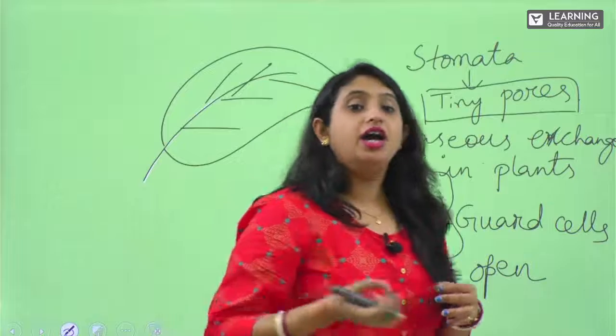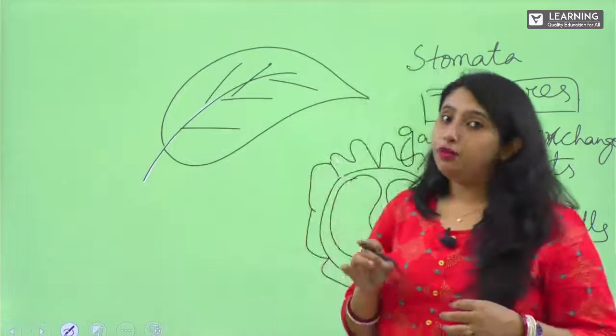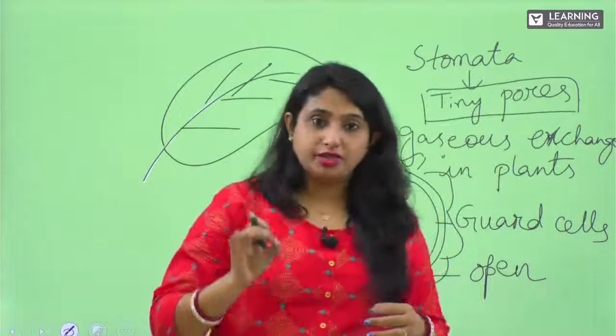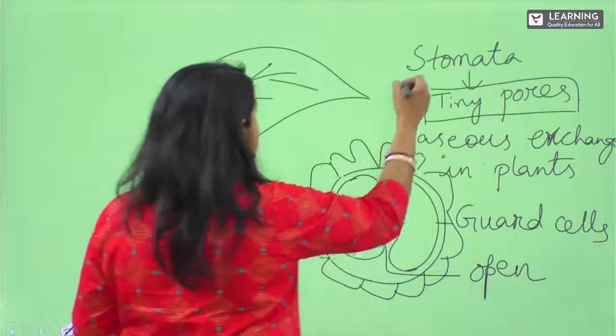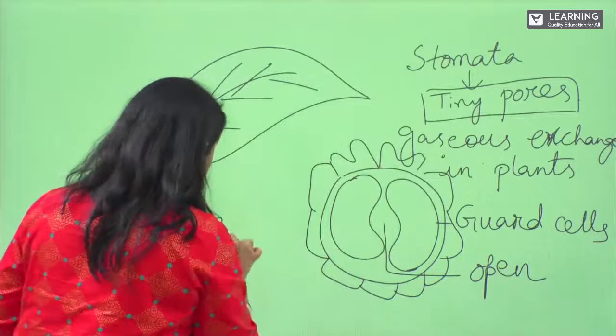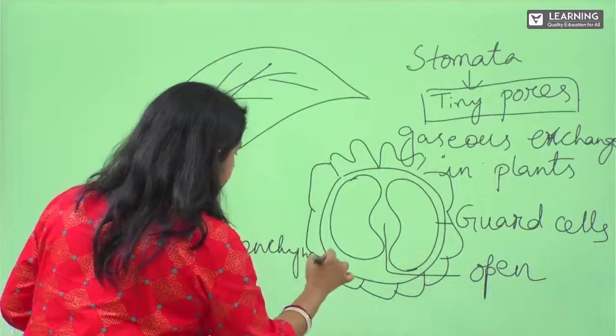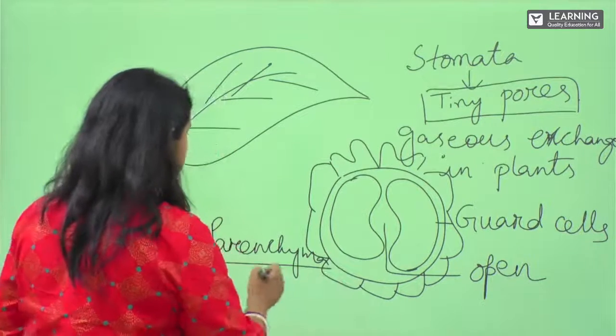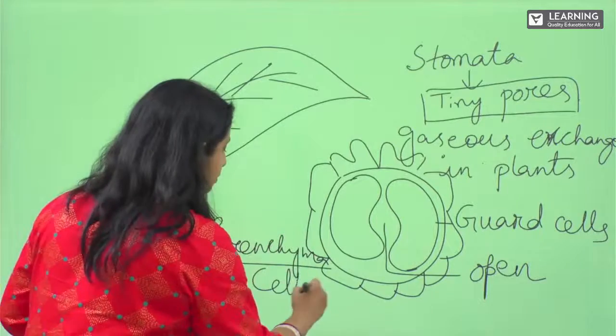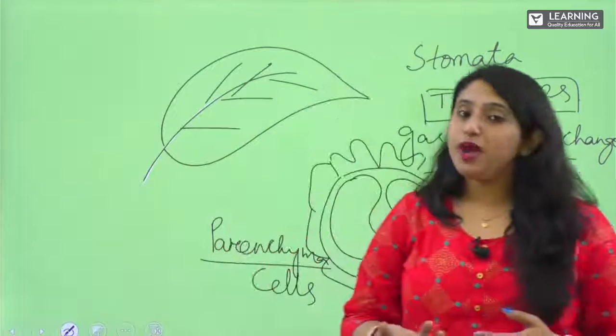What type of cells are the stomata made up of? They are made up of parenchyma cells. What are parenchyma cells?